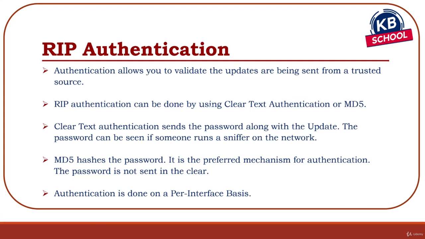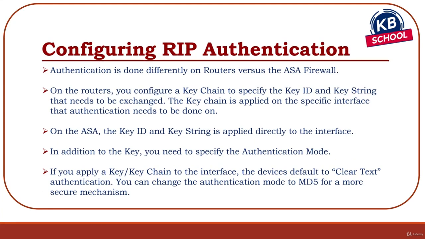Now the actual configuration of it. Now this is where there's a difference in the way configuration is done on a router versus an ASA firewall. On a router, you create what is known as a keychain. Keychain is a key holder that holds the key ID. Let's call it ABC, just give it a name.